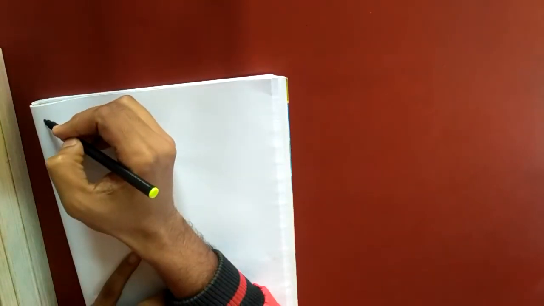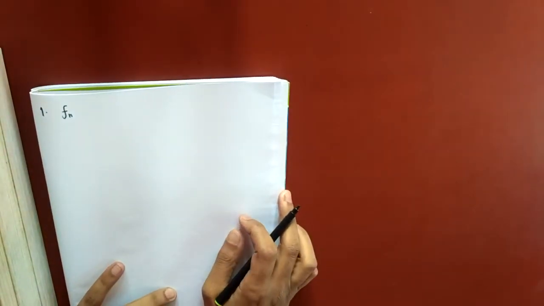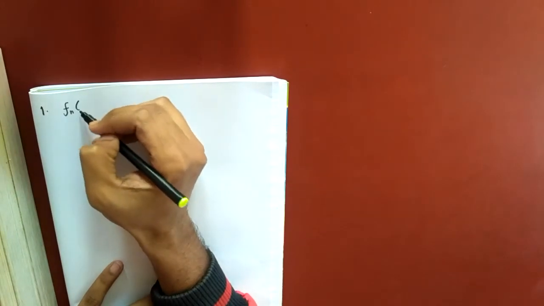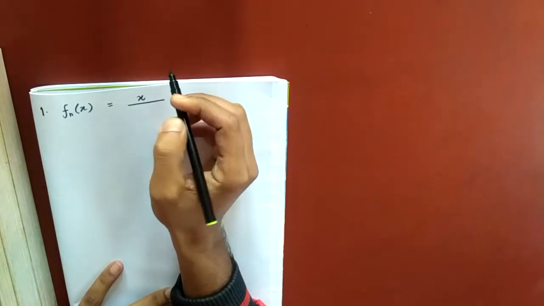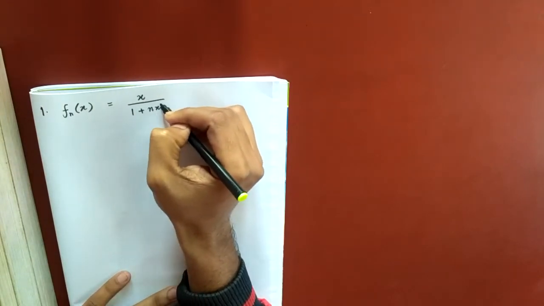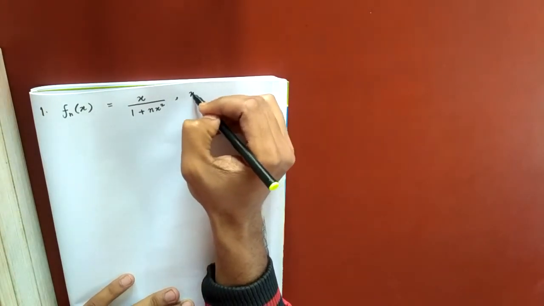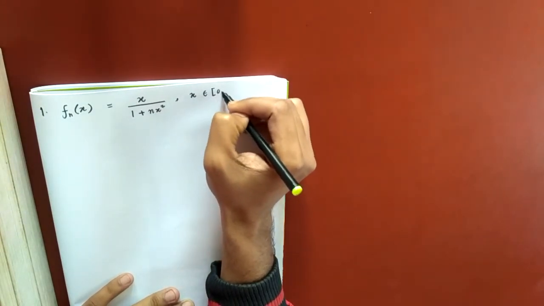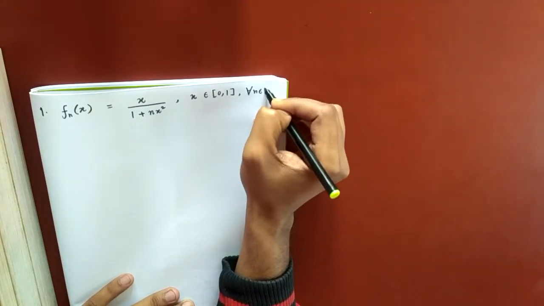So the first question is this: define fn(x) like this. fn(x) is x by 1 plus n x square, x from 0 to 1, and definitely n can be any natural number.